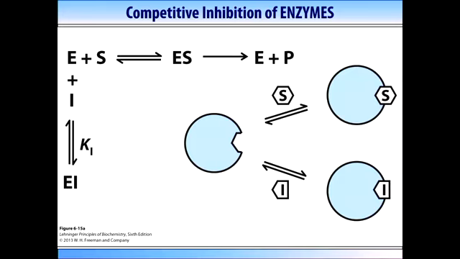It decreases the number of enzyme molecules capable of actively crunching the substrate. So these two complexes are alternatives to each other. The complex between the enzyme and the substrate is mutually exclusive with the enzyme and inhibitor.